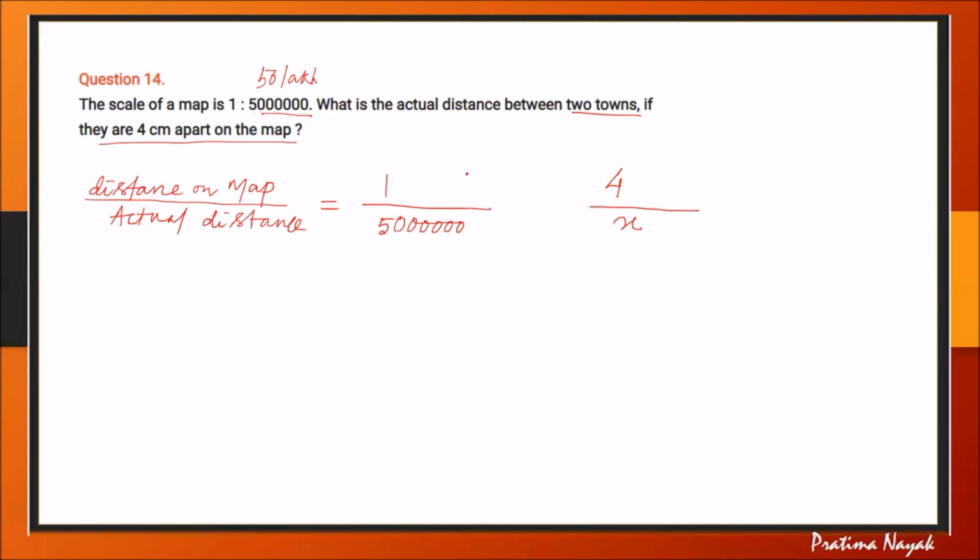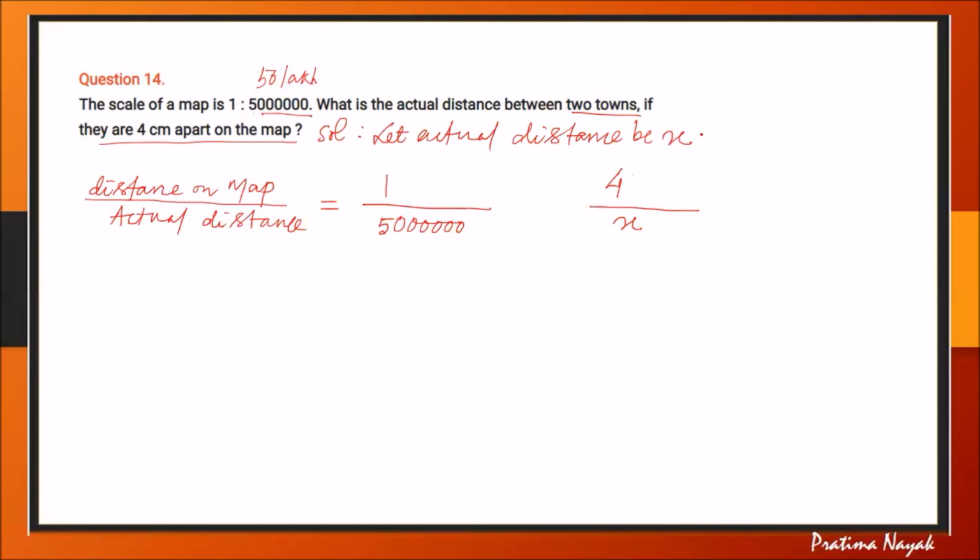That means they are in proportion. What is in proportion? The distance on the map, actual distance; distance on the map, actual distance. So I'll write the solution here. Let the actual distance be x centimeter, of course, since the map distance is given as 4 centimeter.